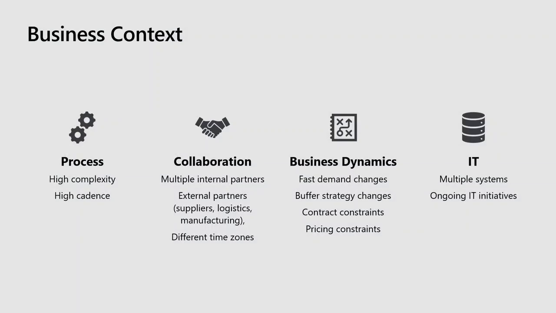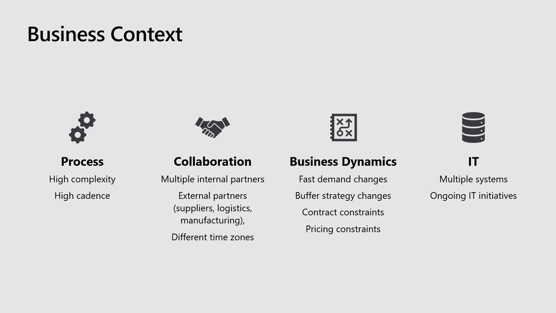So in terms of business context, we have a process that has high complexity and high cadence. You're running processes daily or weekly where there are multiple partners involved. It can be internal collaborators, your marketing teams, your sales teams, your ops teams, logistics teams, as well as external collaborators in the form of suppliers or different vendors that are doing part of the ecosystem and doing specific marketing work or other processes.